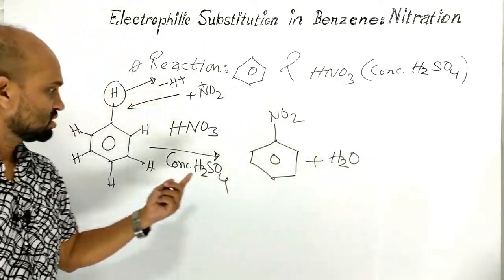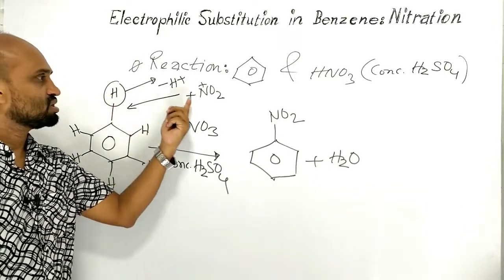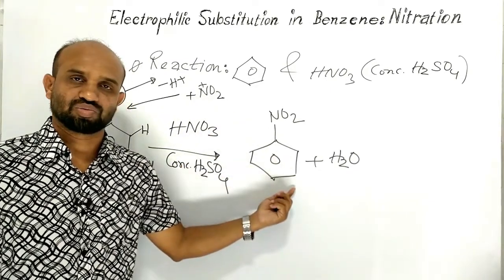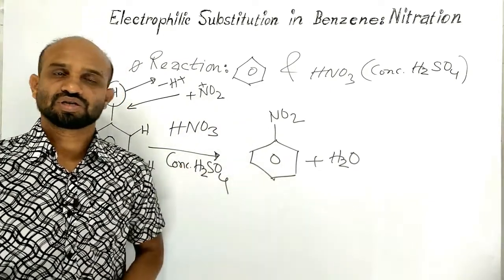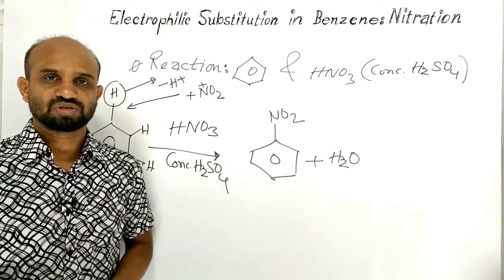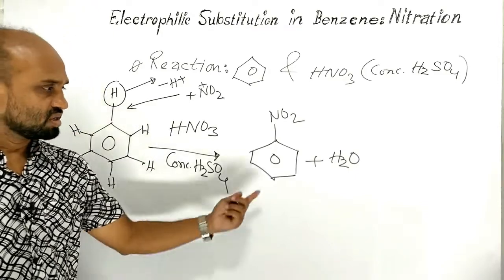That is, 1 hydrogen atom is replaced by nitronium ion to form nitrobenzene. This is the reaction between benzene and nitric acid in presence of concentrated sulfuric acid to form nitrobenzene.